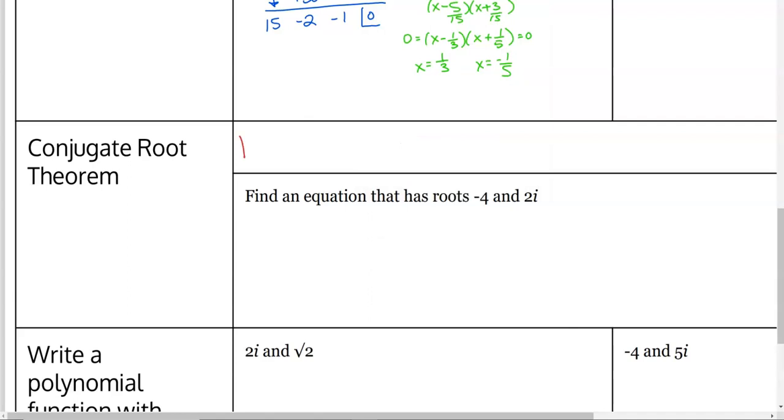Okay. So my conjugate root theorem tells me that if we have a plus bi, if that is a root, then a minus bi must also be a root.